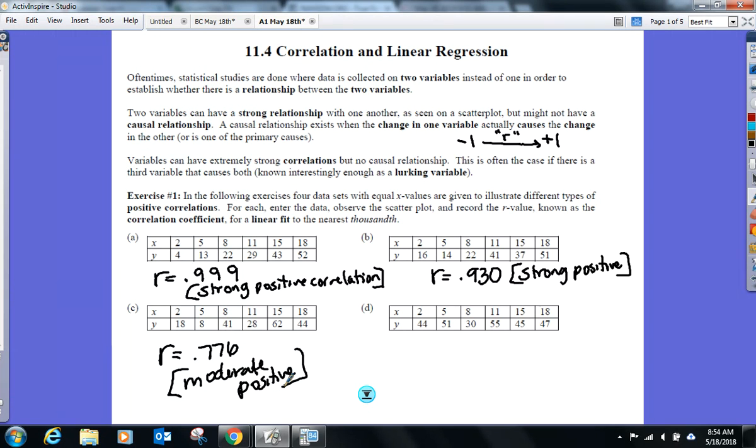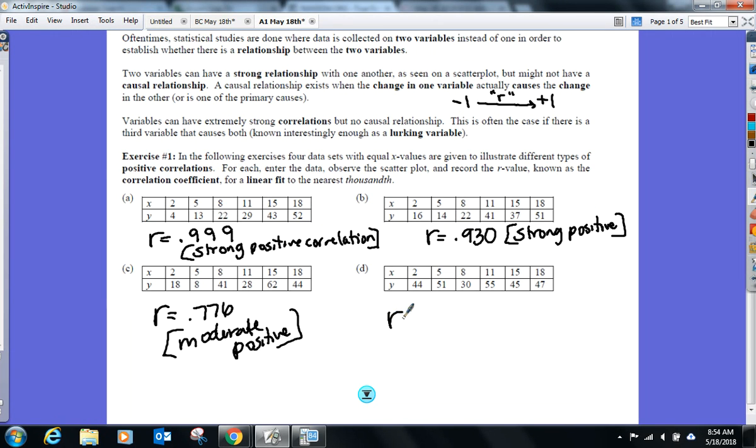Okay, last one, part D. Last one, go ahead, if you haven't done so already. We'll see a little bit something different here.